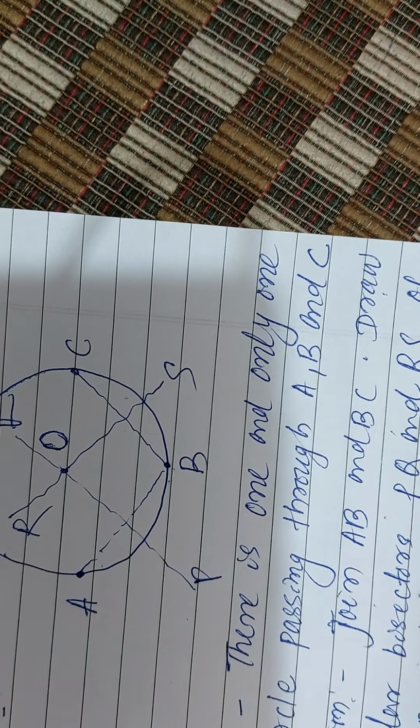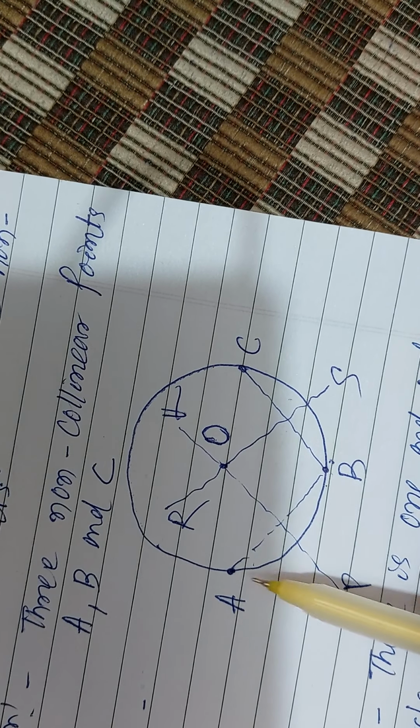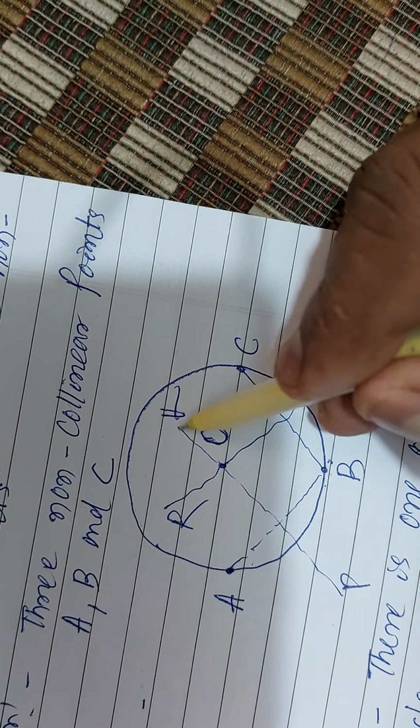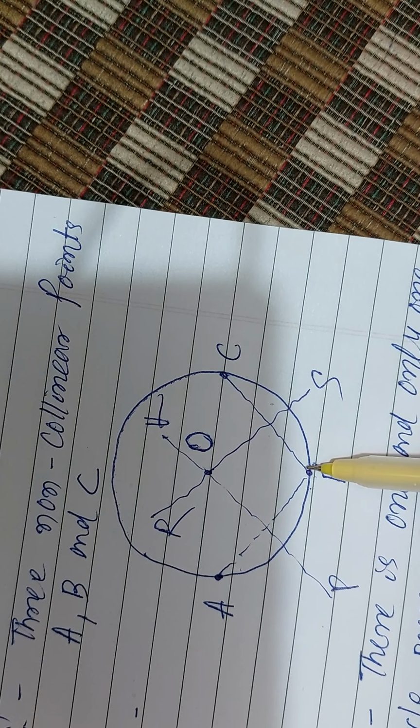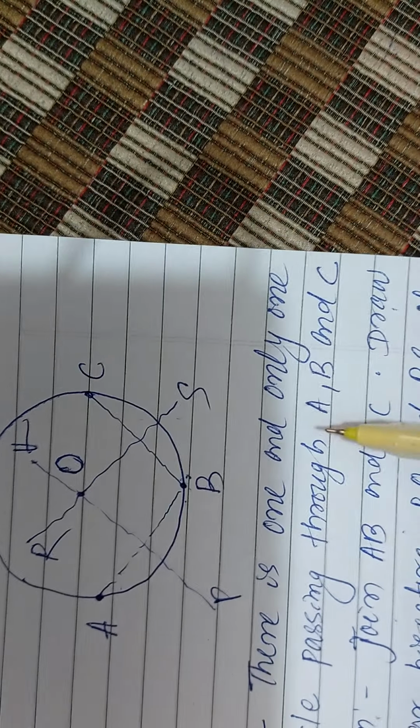Draw perpendicular bisectors of AB and BC. The perpendicular bisector of AB is PQ, while the perpendicular bisector of BC is RS. They intersect at O. Right?